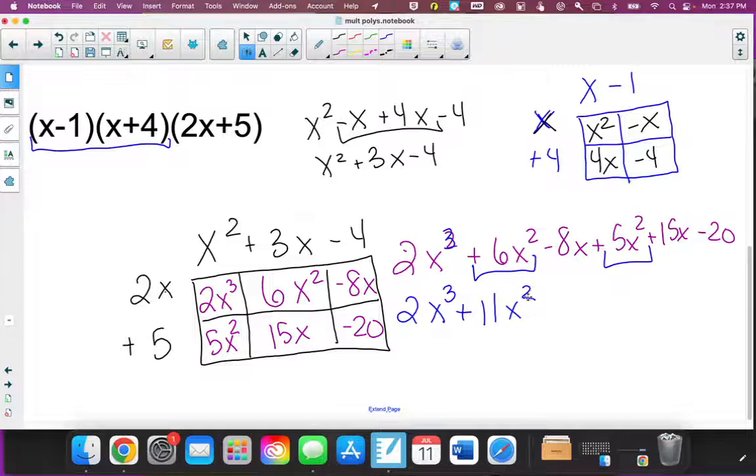And notice the variable didn't change when you combine your like terms together, right? Just like when we're doing adding and subtracting, we don't change those because you're not multiplying them. They're not getting bigger. You're just adding them together. All right, so then we have negative 8x and positive 15x, positive 7x, and then the negative 20 stays by itself. And then we're finished, and basically this would be a volume.